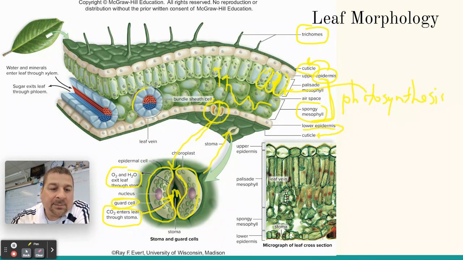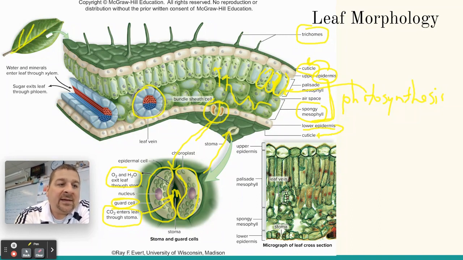Over here, you can see an example of a leaf vein. So when we talked about the veins on the leaf, the different venation that we see in monocot versus dicot, those leaf veins, okay, it's bundle sheath cells.